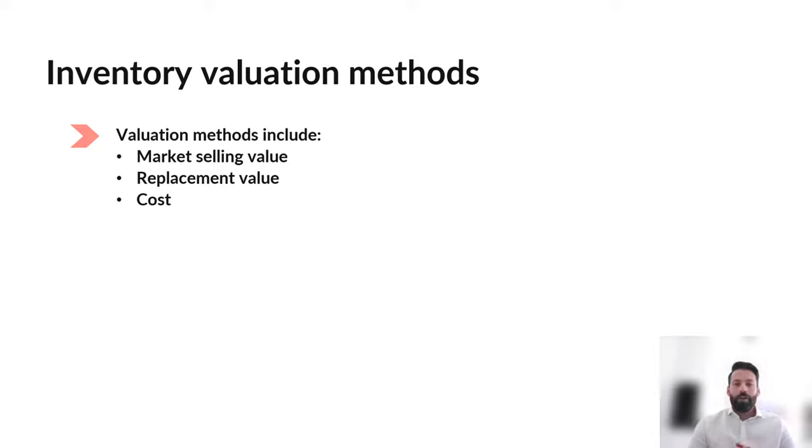If, however, we go back to the example before where I have a relatively low taxable income in this year and a high taxable income next year, by using one of these other methods, you can effectively move deductions from the current year into next year. The way that happens is when I value my stock for tax purposes at market selling value. Let's say I bought 100 grand worth of stock, still got $50,000 left of it, but it retails, my markup on it is 100%.